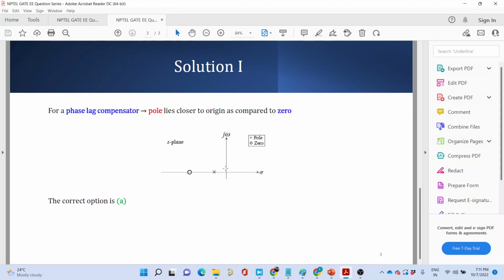The angle contributed by zeros minus the angle contributed by poles should be negative. Correct. So poles should be farther away. Okay, understood? What is the problem? Yes, the negative part of this.